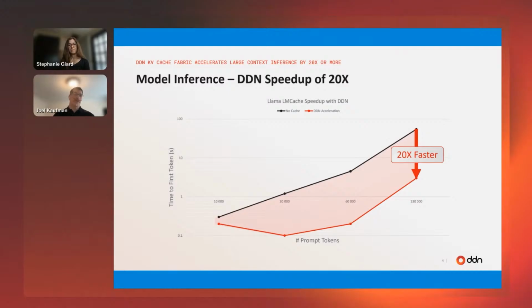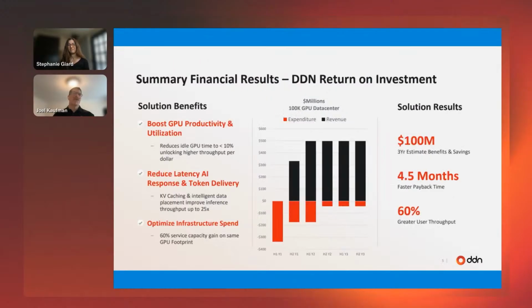But exactly. Do you want to talk a little bit about the costs? Yeah. So this particular customer, and let me be very clear, they're a big customer, right? They're dealing with a farm that is quite large, in terms of like 100,000 GPUs.